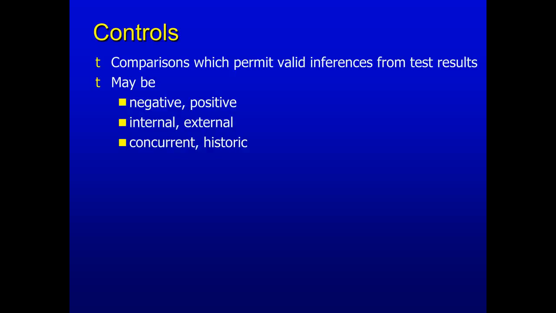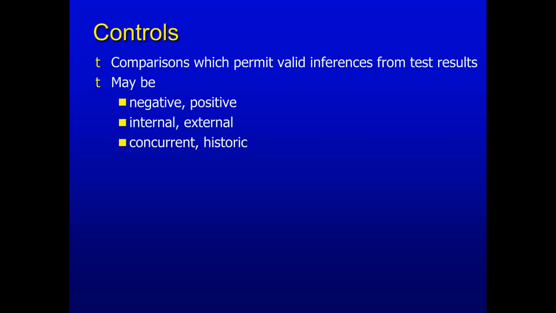Internal, by the way, is where the animal or experimental unit is its own control for a particular manipulation. For example, you take a baseline, put in a vehicle, and look at how that affects the baseline. You then put in your drug of interest, compare that effect, and then you put in the vehicle again to make certain the baseline and the effect on baseline has not changed.